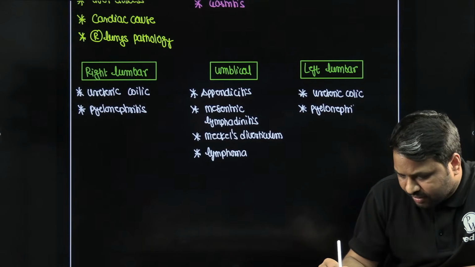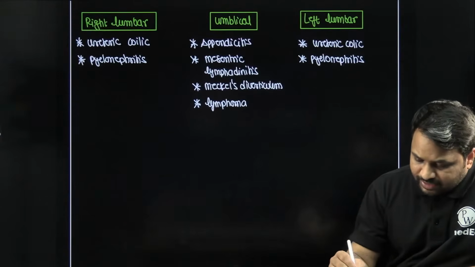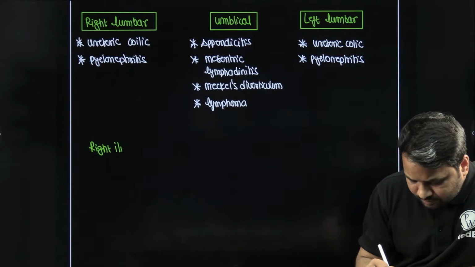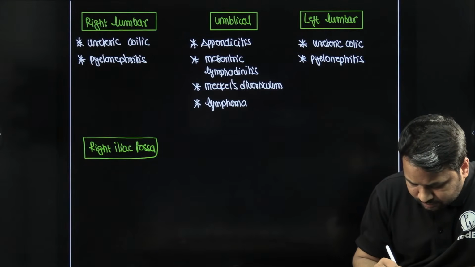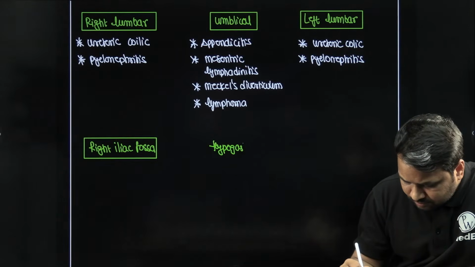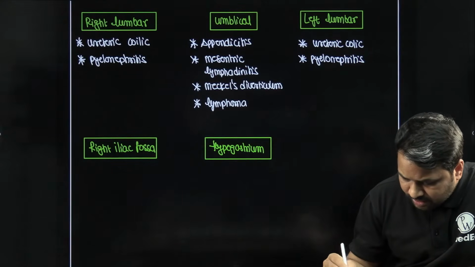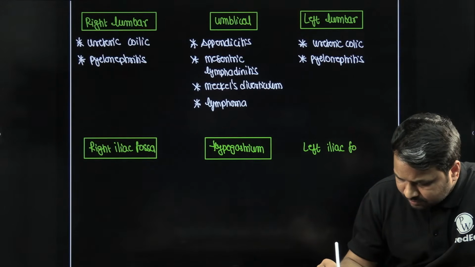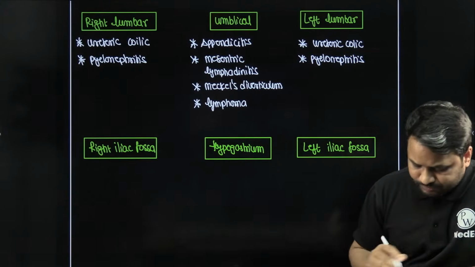Right. Now, the last line that we had is going to be right iliac fossa, hypogastrium, and the left iliac fossa.